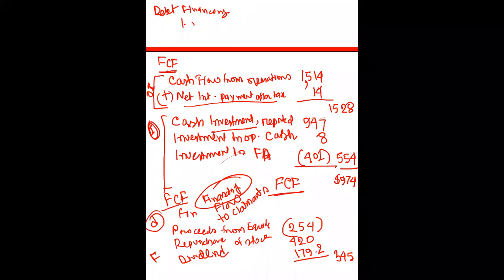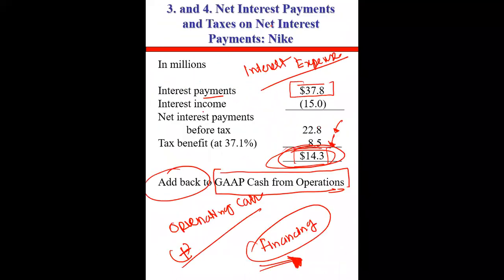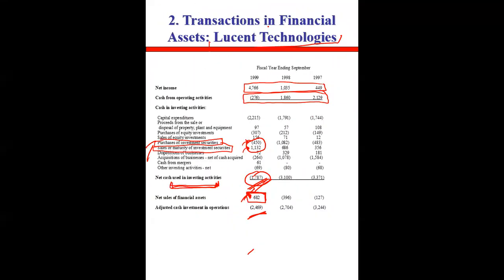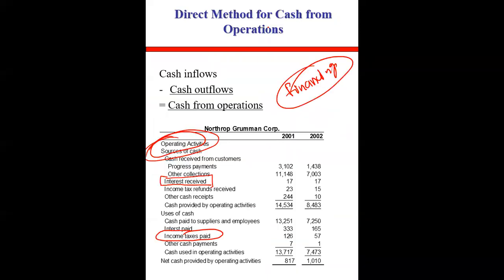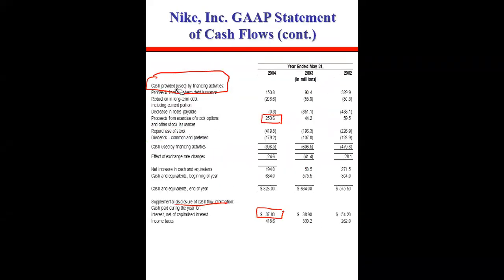So let me take it here. Interest payment, net interest payment. How much it was? 14. Okay. Let's check whether we have made other payment or we have taken new debt from the debt holders. Let me erase this so that you will not get confused. Okay.